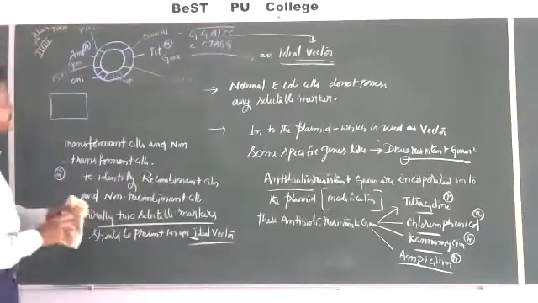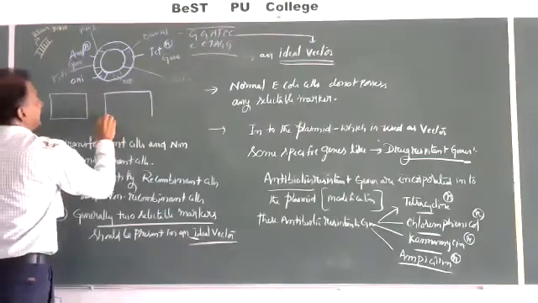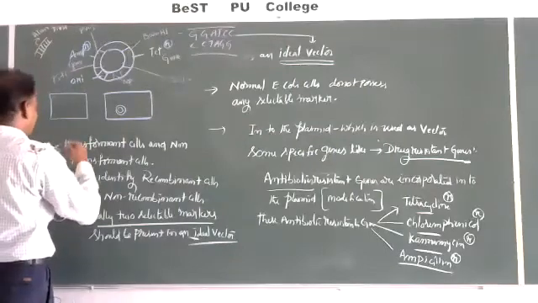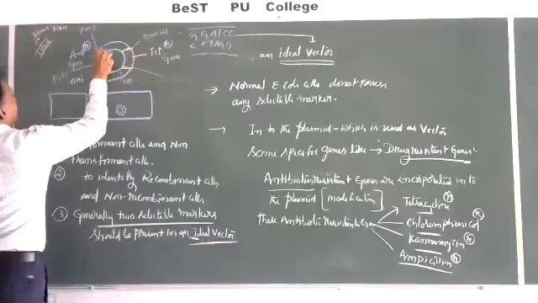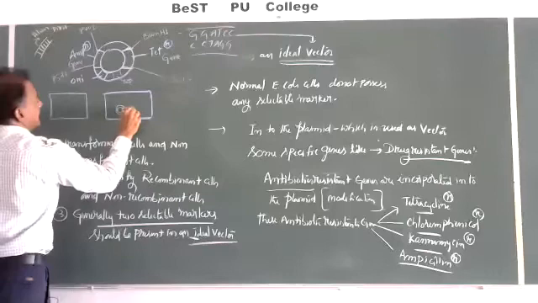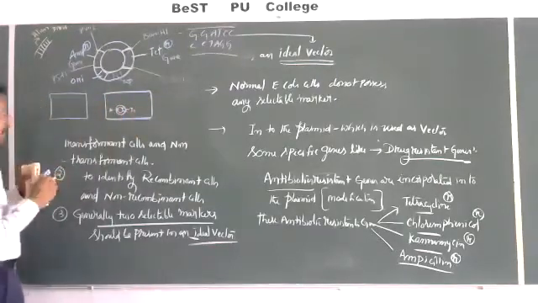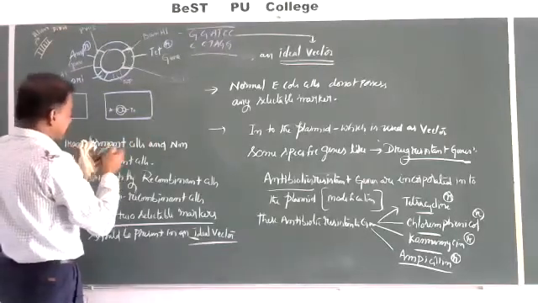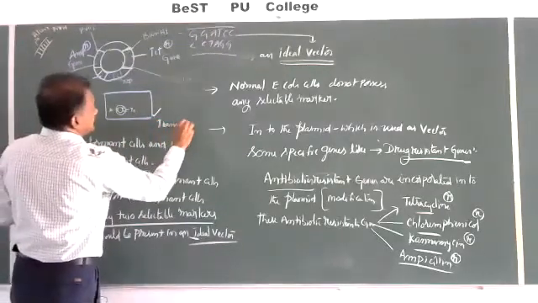Now the question comes, the bacterial cells which are able to take the plasmid, which has the tetracycline resistant gene and ampicillin resistant gene. These bacteria are called transformed cells, transformants.